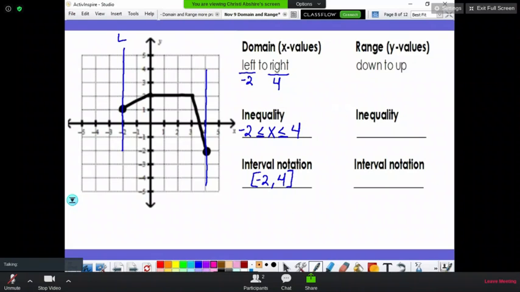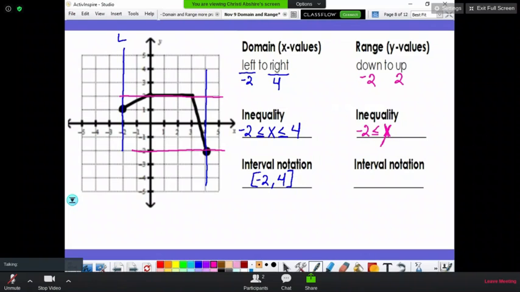For the range, it's down to up. So I'm going to say, how low down does this go? The lowest that it goes down is -2. The highest that it goes up is +2. There is a closed circle on -2. So this is Y. And +2 doesn't have a closed circle, but there is part of the line there.